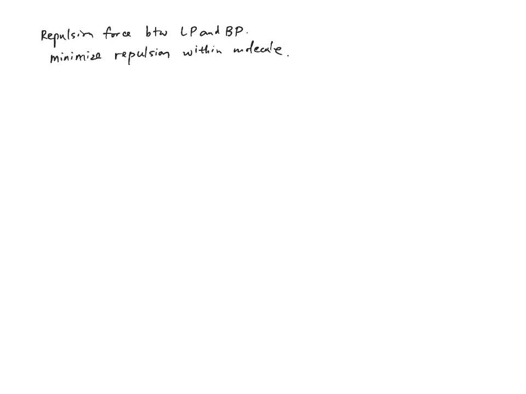And how do we minimize? We're going to establish this: lone pair repulsion is going to be stronger than lone pair bonding pair repulsion, which is going to be stronger than bonding pair and bonding pair repulsion.